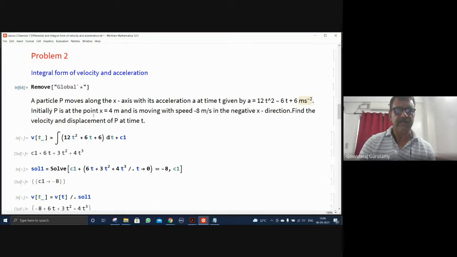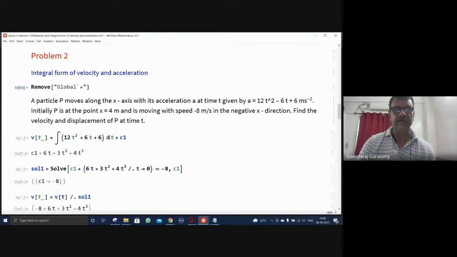Initially P is at the point x equal to 4 meters, which means x0 is given. It is moving with a speed of minus 8 meters per second in the negative x direction. Find the velocity and displacement of P at time t.